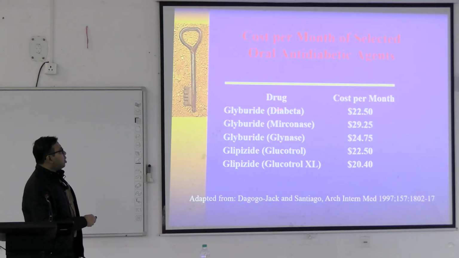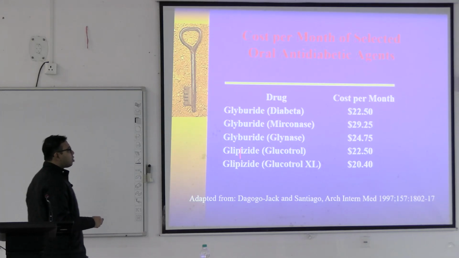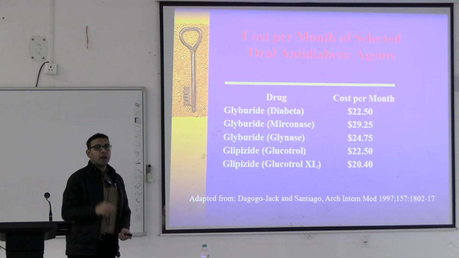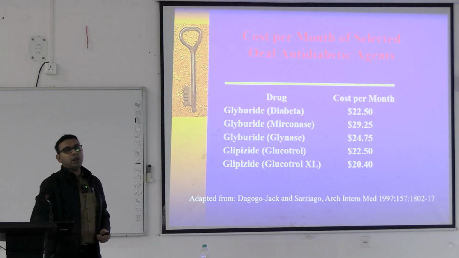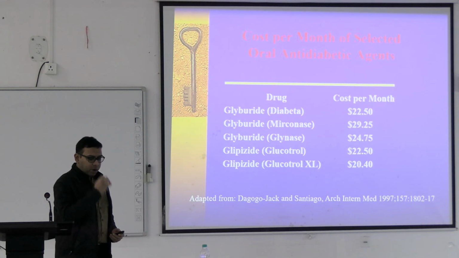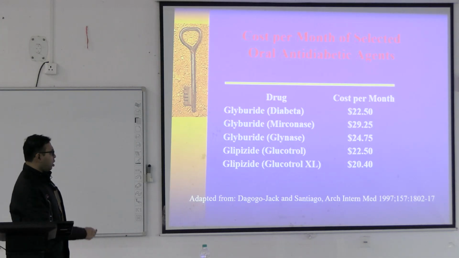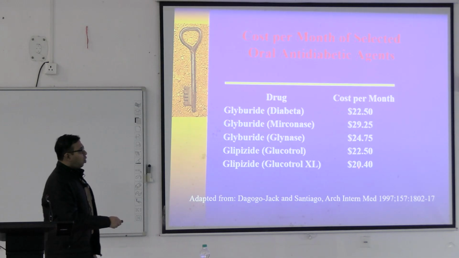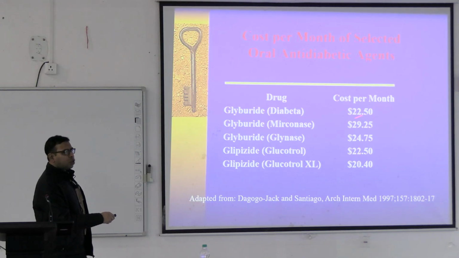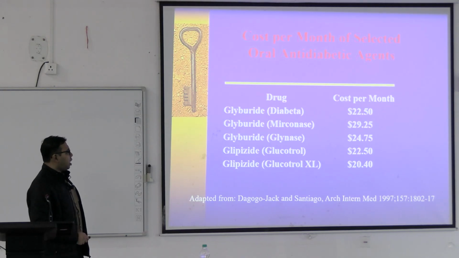For example, these are different types of drugs. We can say this comes under the same group of drugs. You read about this: this is the sulfonylurea used in the treatment of diabetes mellitus. So for example, these are the different drugs of the group and this is the cost. Some is 22, some is 29, like this.